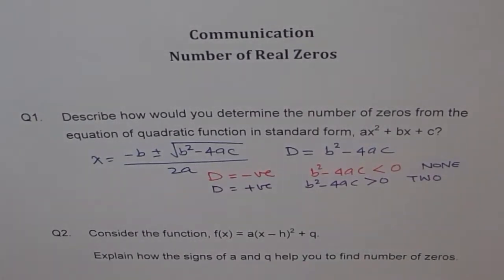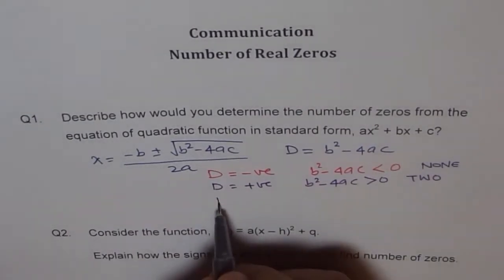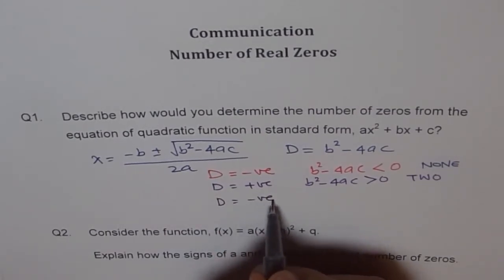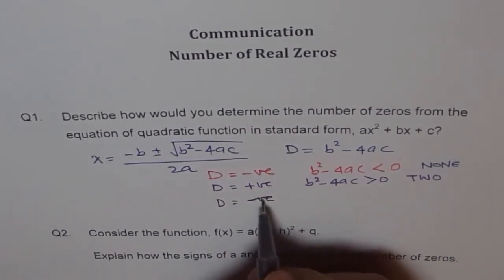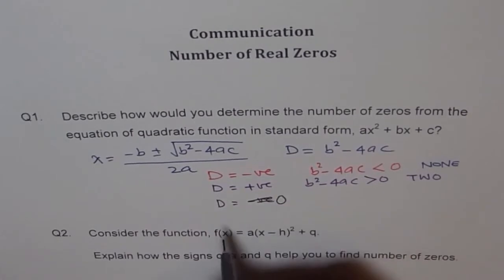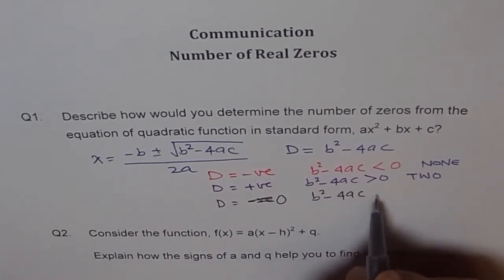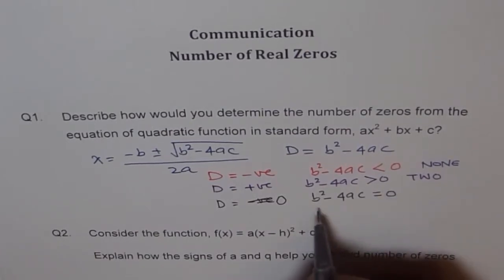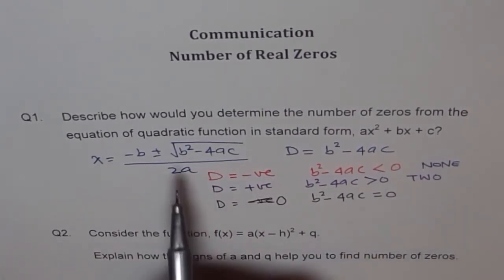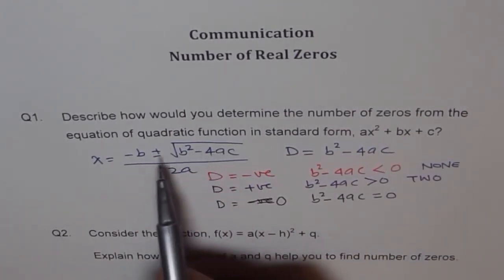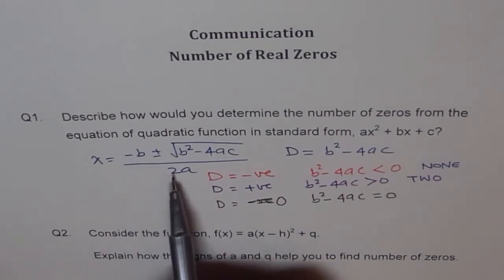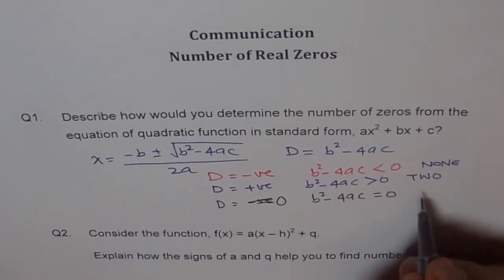Now let's take the third condition. We already considered negative, right? But now D is 0. So that means b squared minus 4ac equals 0. Now if b squared minus 4ac is 0, then this radical will be 0, and the solution is minus b over 2a, correct? And that is only one solution.